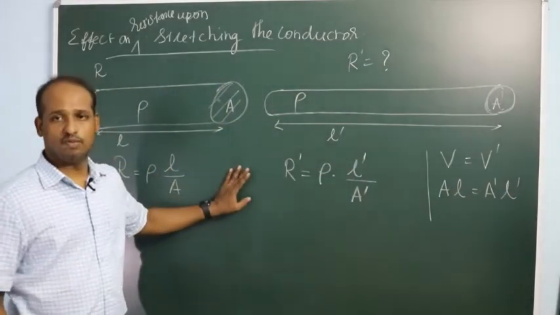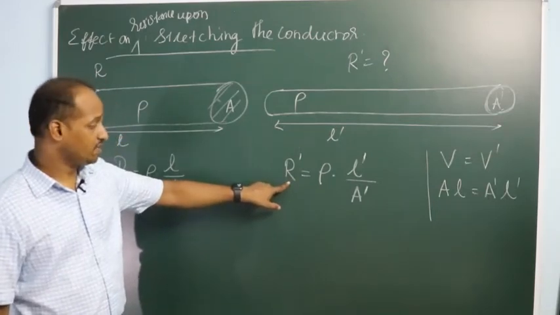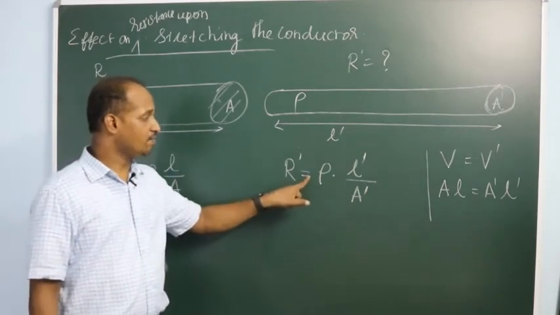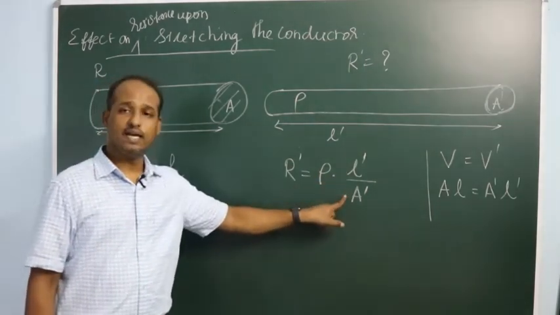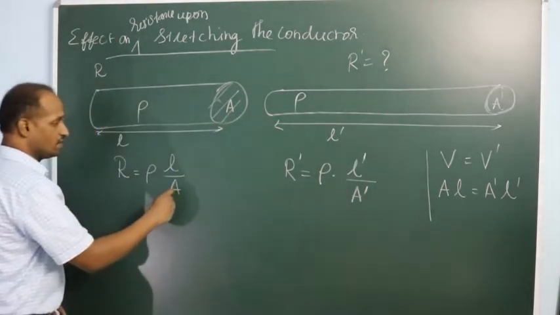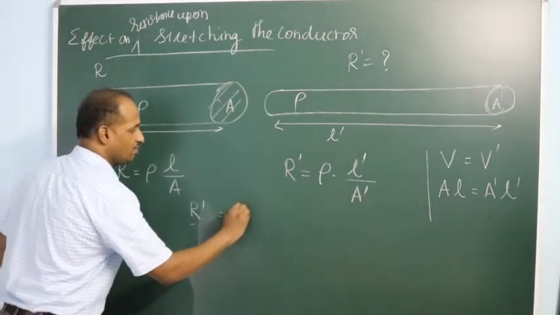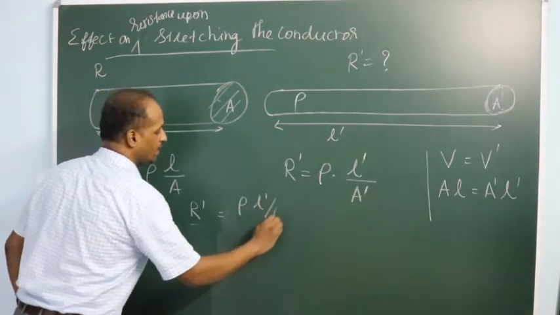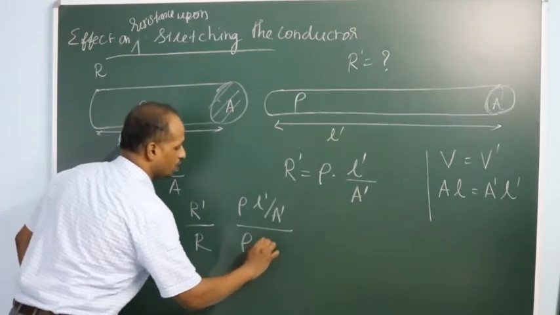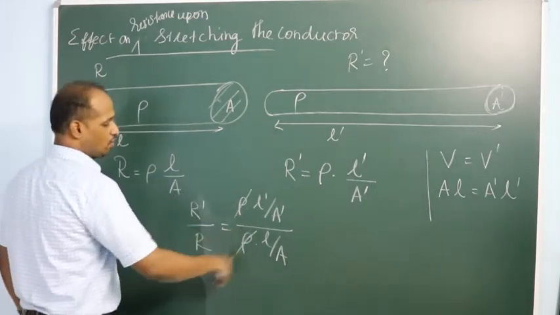So whenever such problems are asked and you want to find the new resistance, the old resistance is R equal to rho into L by A, and the new resistance R prime is equal to rho into L prime by A prime. What you will have to do is divide the second one by the first one. So R prime by R is rho into L prime by A prime divided by rho into L by A. Because these two materials are the same, rho will be cancelled.